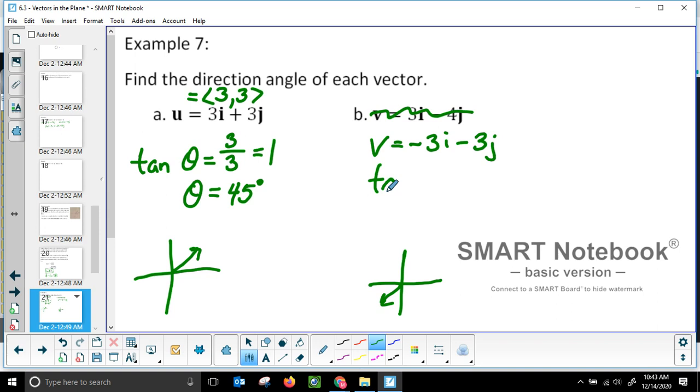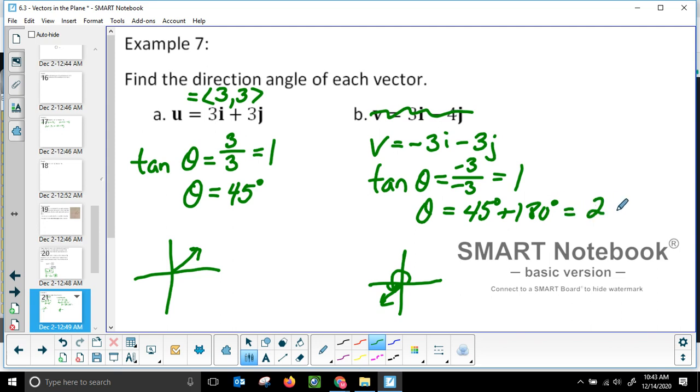But if I did my tangent of theta thing again, I would get b over a, which of course is just 1 again. And if you did your inverse tangent, it would again tell you that theta is equal to 45 degrees. Well, obviously, this is not 45 degrees. It's a lot more than that, but we know that the period of tangent is 180, so if we just add 180 degrees to that, we get 225 degrees. So that would actually be my angle here.